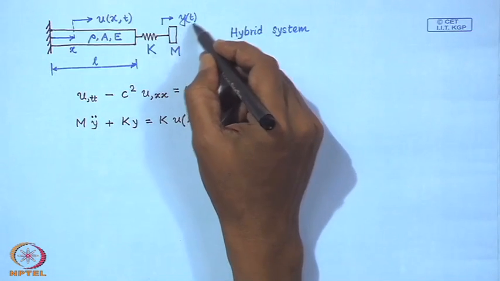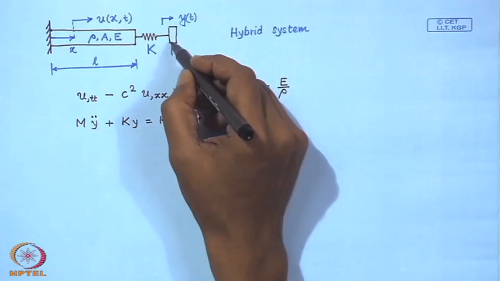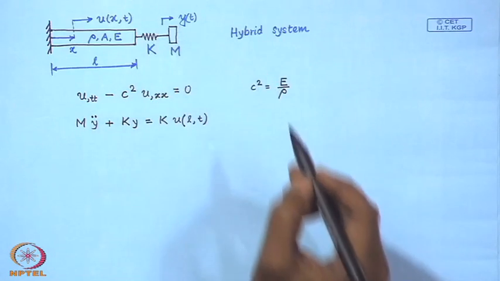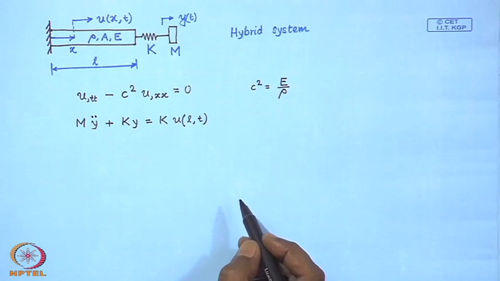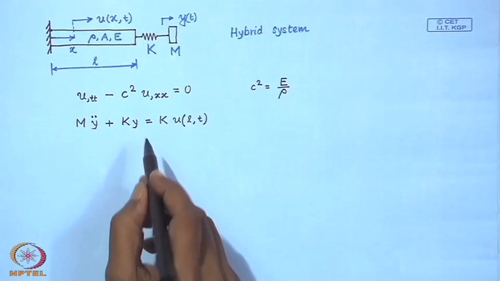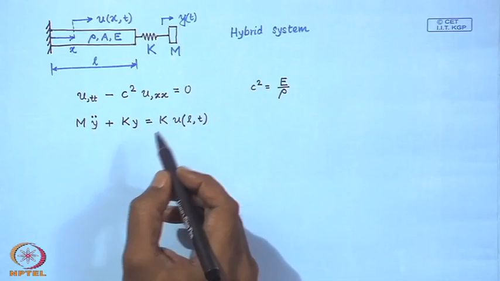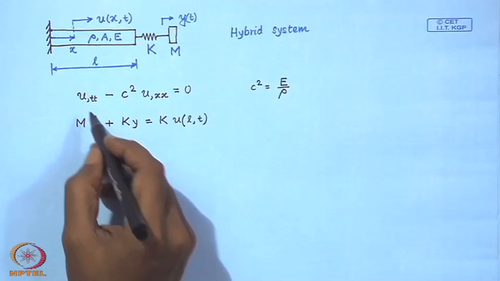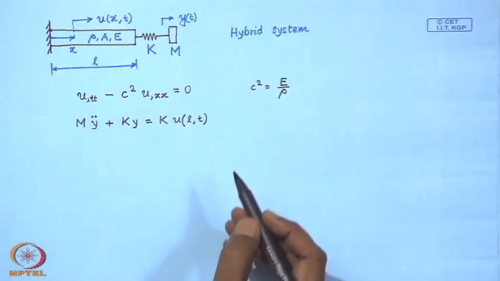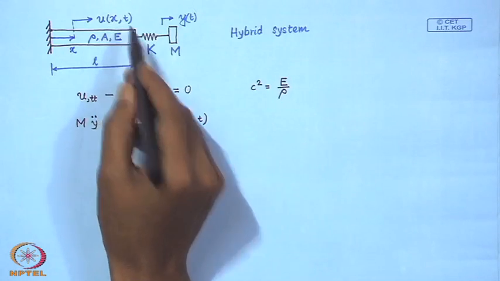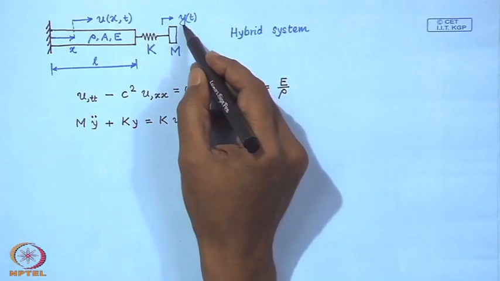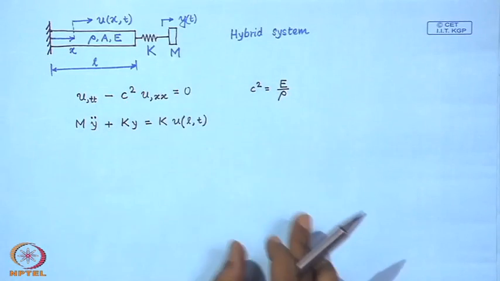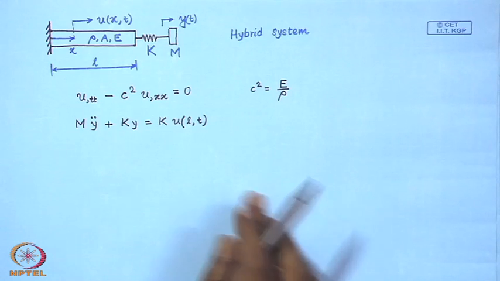So, y measures the displacement of the mass M from its equilibrium position. So, as you can realize, we have two dependent variables. One is the field variable u, function of x and time, and the coordinate of the discrete mass M given by y.